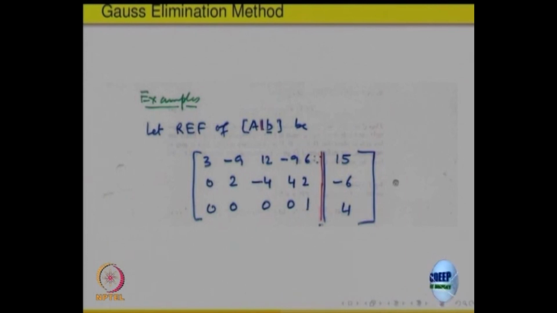So how do you read this system now? This has come from a system of linear equations, right. So what is the new system now? This was variable x1, this was variable x2, this is variable x3, x4 and x5. So when I multiply this with this, what do I get? Ax = b.